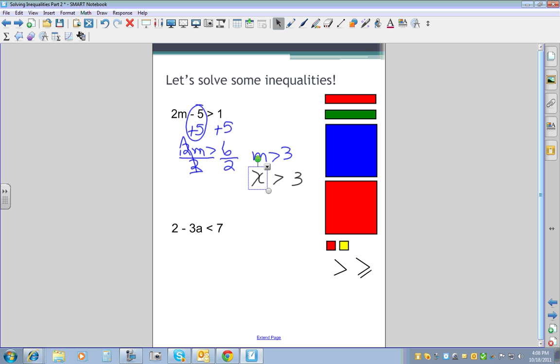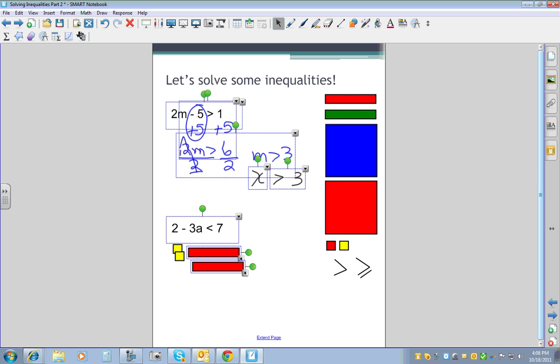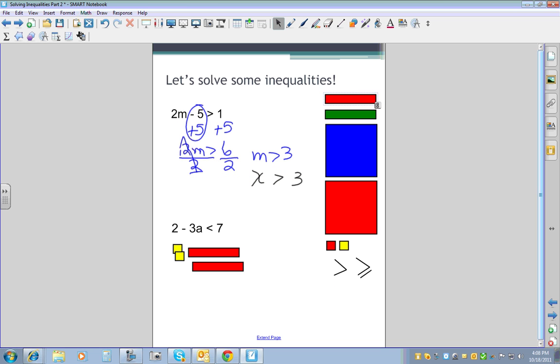The next problem, we'll be solving this inequality where we have 2 and 3 negative a's, so that would be like 3 negative x's. And that is going to be less than 7.